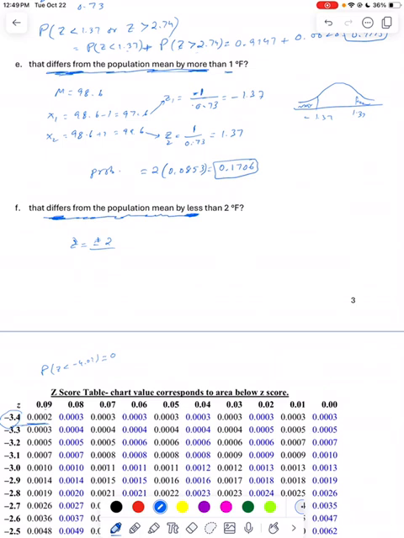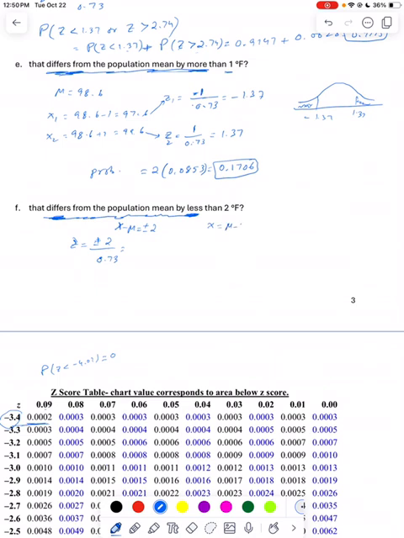So I don't have to redo all that stuff. If I remember that x minus mu differs from the population mean by plus minus 2, because one of the x is going to be mu minus 2, and the other will be mu plus 2.